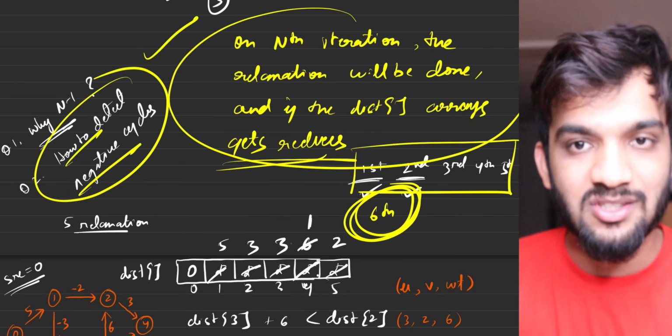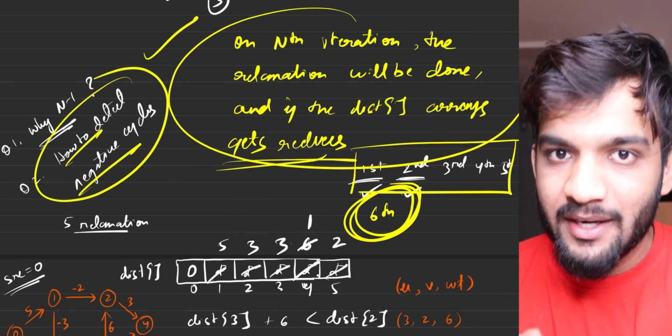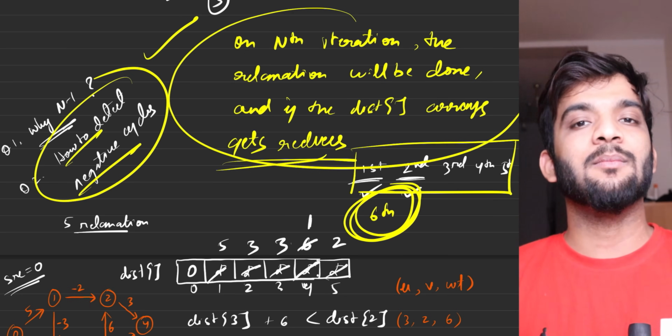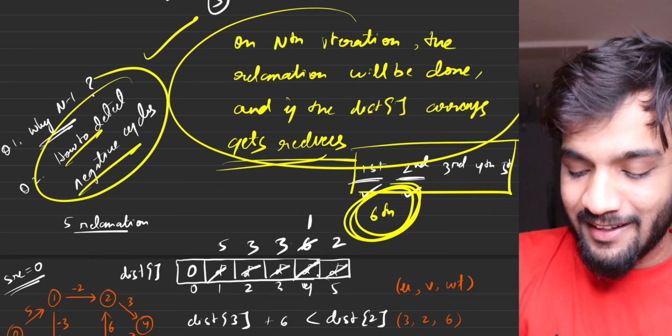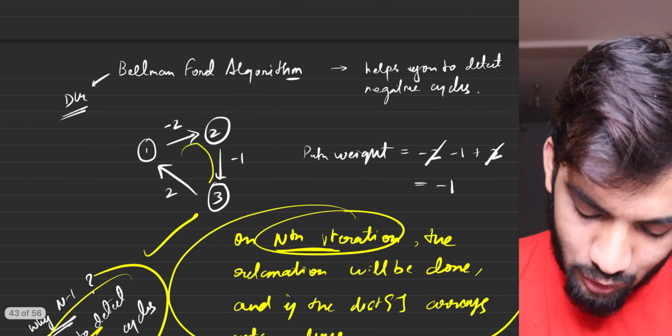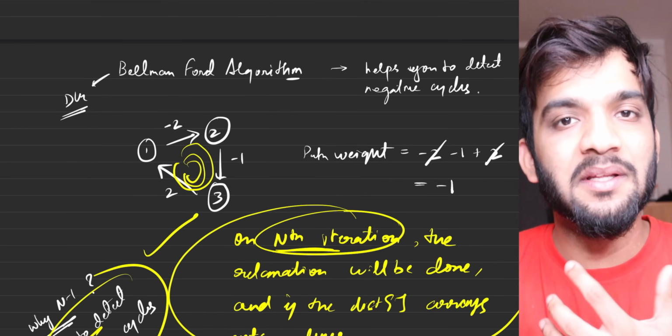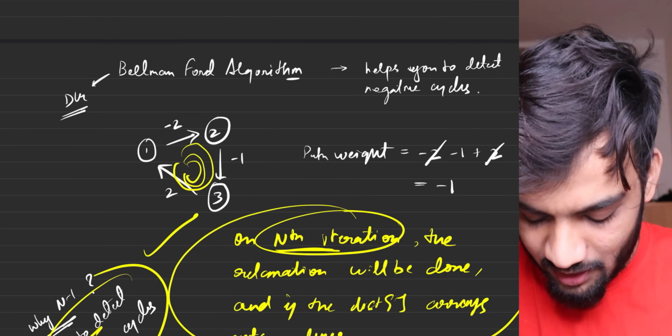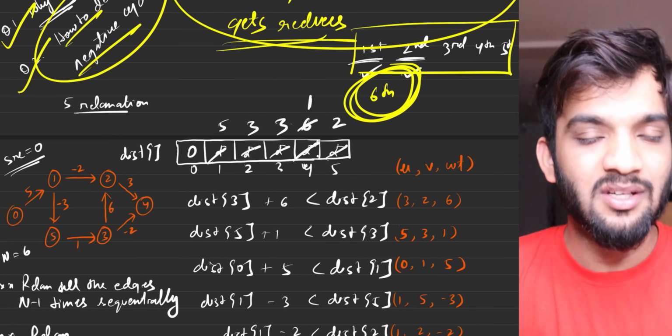A negative cycle exists, because I know at n minus 1 iterations I should have gotten my answer. But if at the nth iteration there is still a reduction, it means we are running on the loop. That's why the distances are reducing. So both the questions are answered.